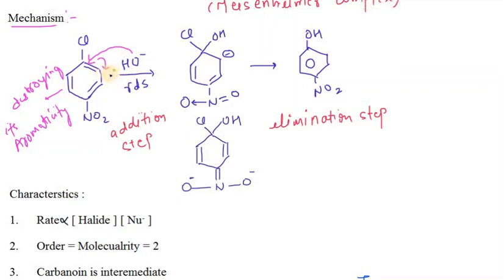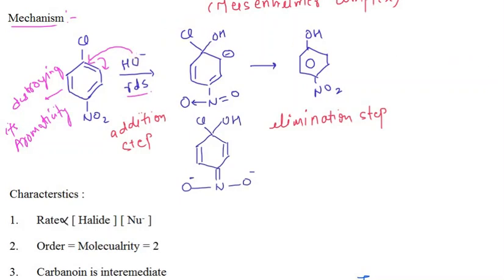It is the slowest step, because the energy of the product is very high as compared to the energy of the reactant. So we need to supply energy here, and we need to take time. That's why it is the RDS, the rate determining step, or we can say the slowest step in the reaction.